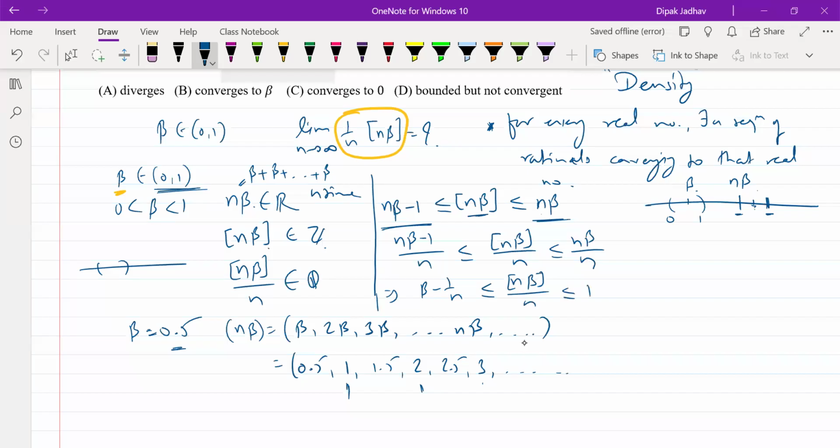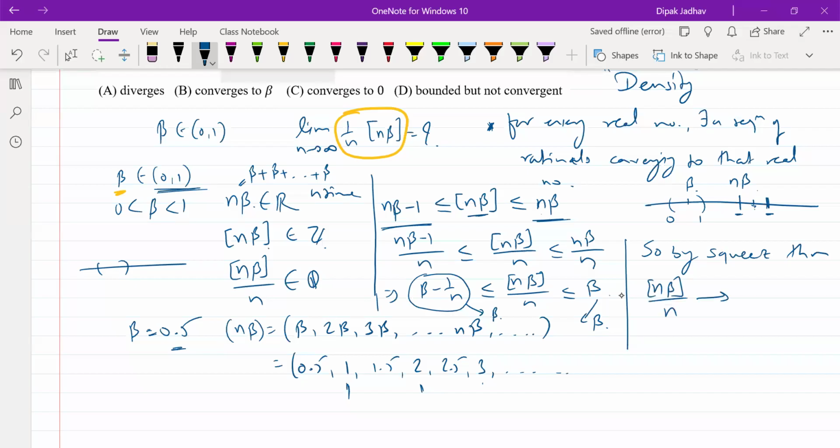On the extreme right, you get beta, a constant sequence, which goes to beta. On the extreme left, beta minus 1/n also goes to beta as n tends to infinity.